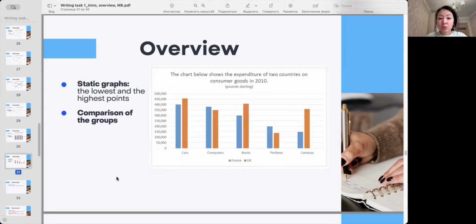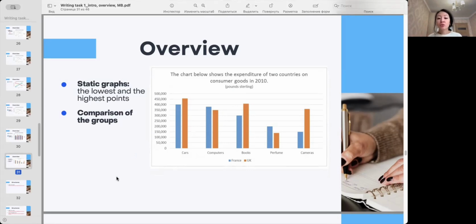But sometimes we can have static graphs. They look like this. They are called static because we have some, let's say, static information. It's not moving anywhere. We do not see any changes. We just see different categories, in this case, countries. So we have 5 categories in France and the UK.